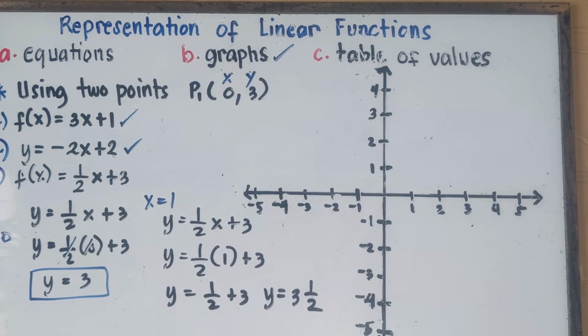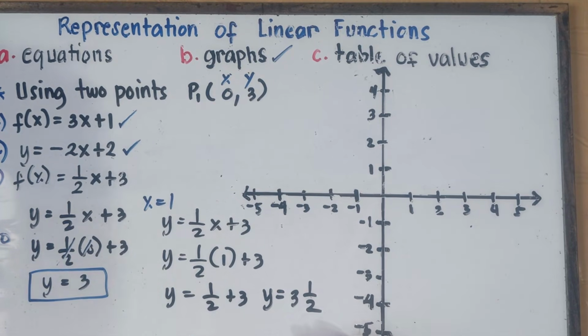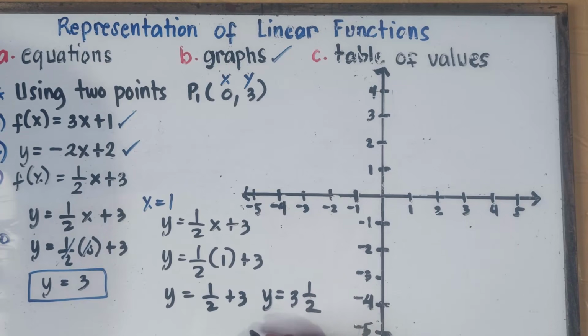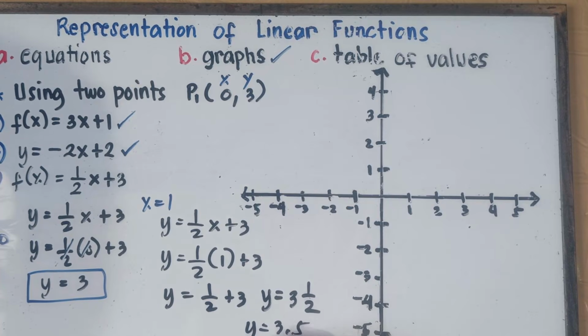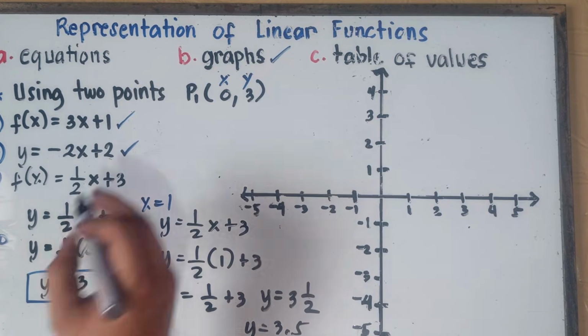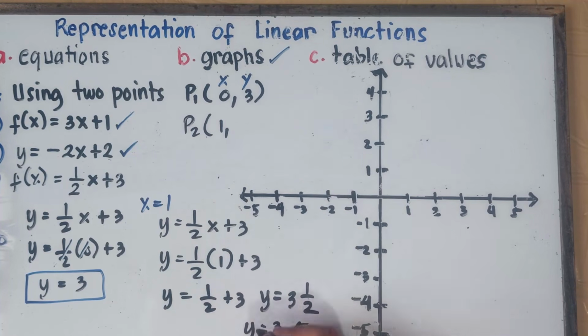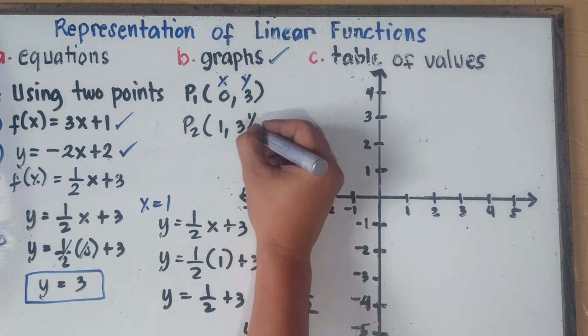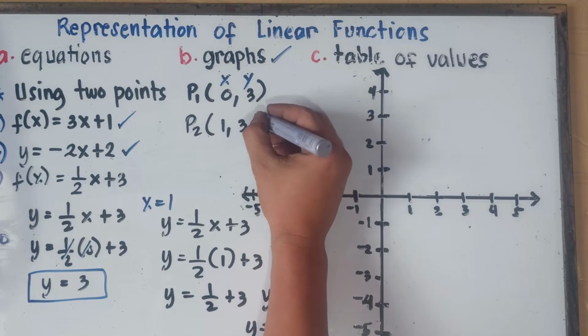We can write this in decimal for us to plot on the Cartesian plane: y equals 3.5, right? 1/2 is 0.5, so 3.5. So the second point is x is positive 1 and y is 3 and 1/2.